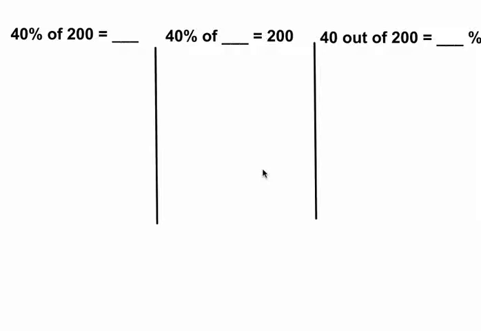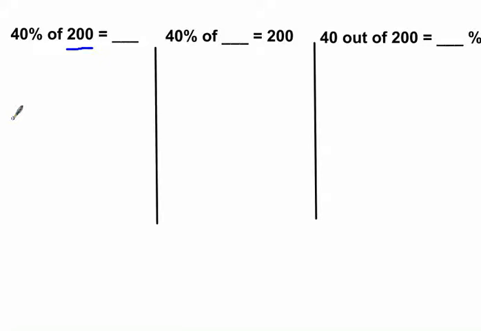When you take a look at this first problem, 40% of 200, 200 is our whole quantity. The whole, we're now trying to find a part, 40%, or 40 per 100 of 200. So let's start with our known quantity here.